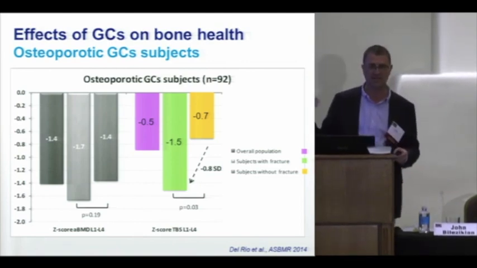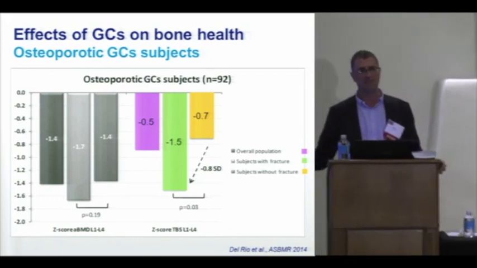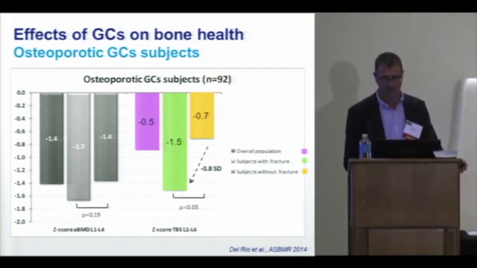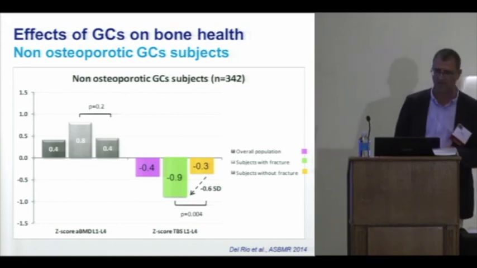So it seems that glucocorticoid had a strong impact on the structure of the bone, which seems to be consistent with many other studies.